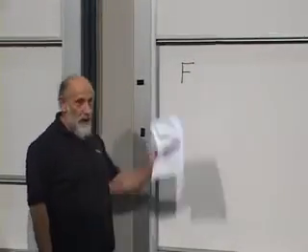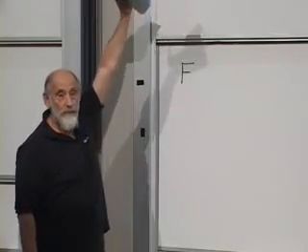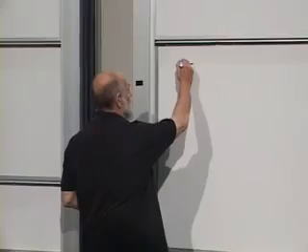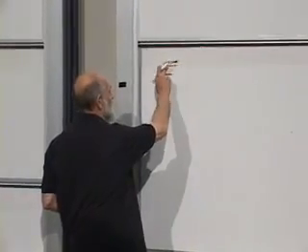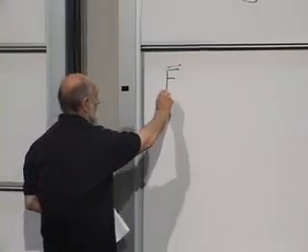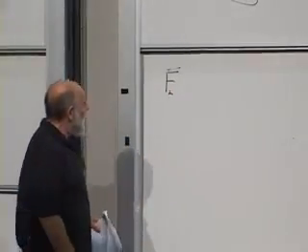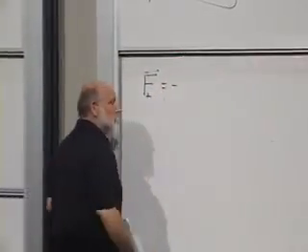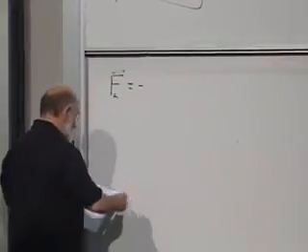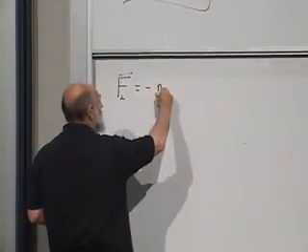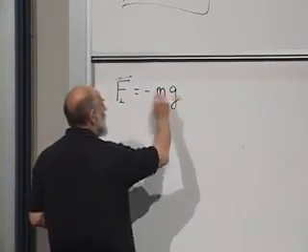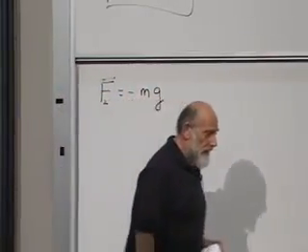If we take the upward sense to be positive, then the component of the force in the x2 direction, the vertical direction, is equal to minus. The minus simply means that the force is downward. And it's proportional to the mass of the object times a constant called the gravitational acceleration.